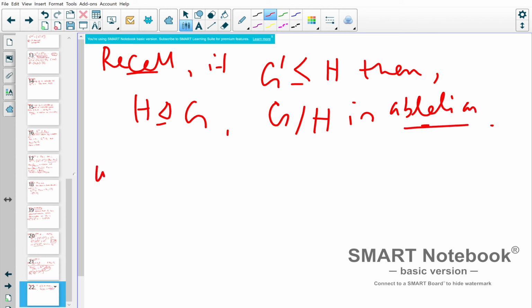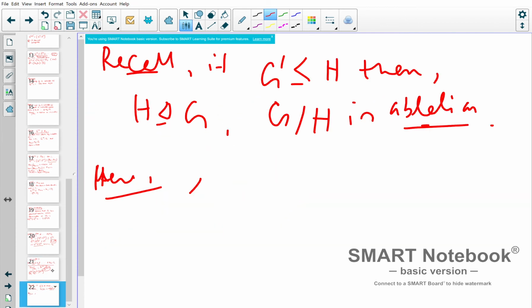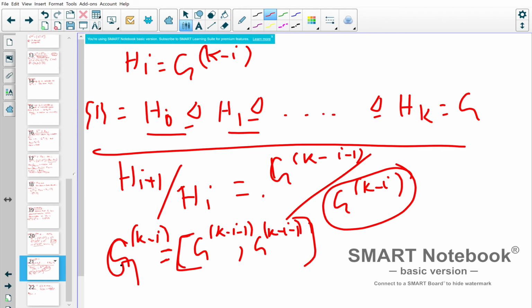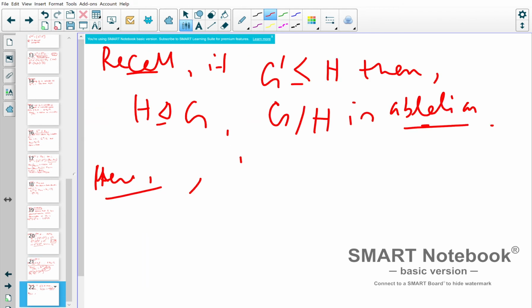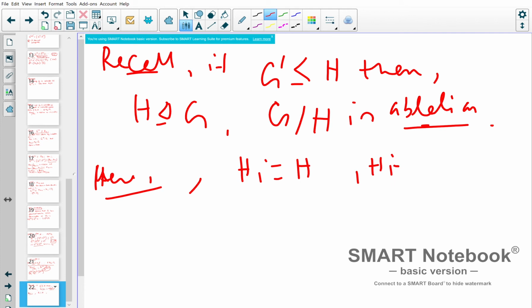Now here you apply this thing with Hi as H, and Hi plus 1 equal to G, right? Now you see that Hi plus 1 equal to G. So I need to check that Hi is normal in Hi plus 1.